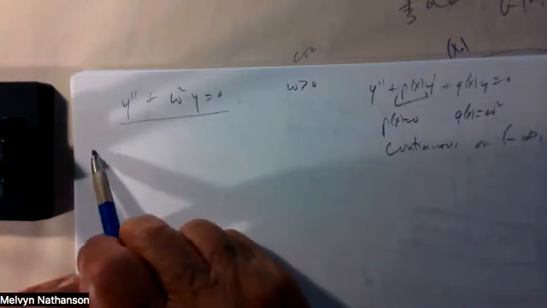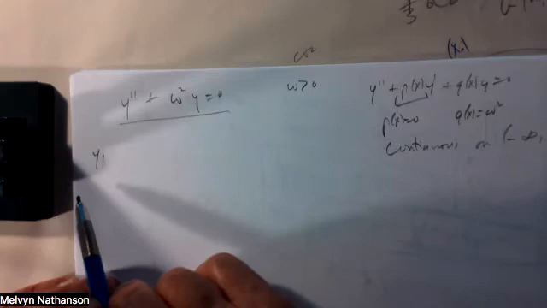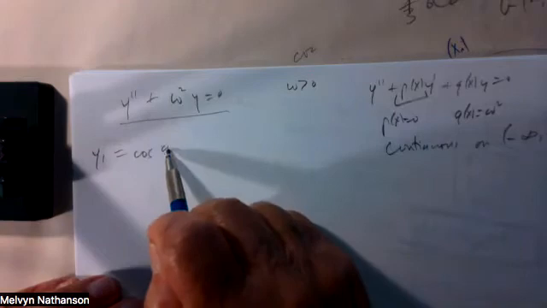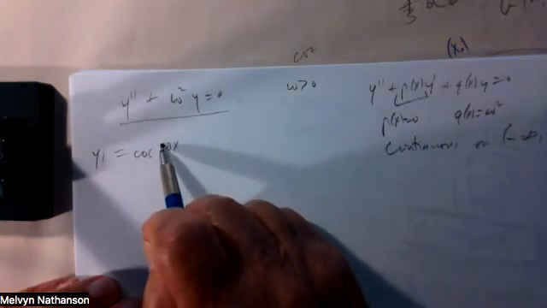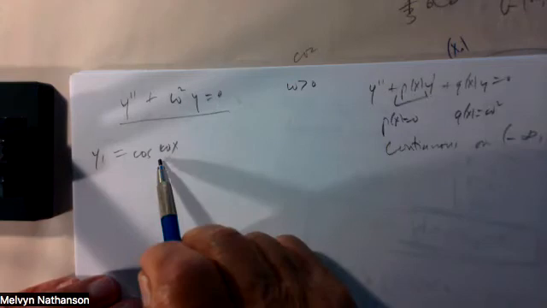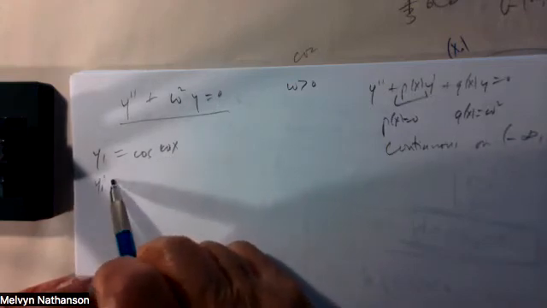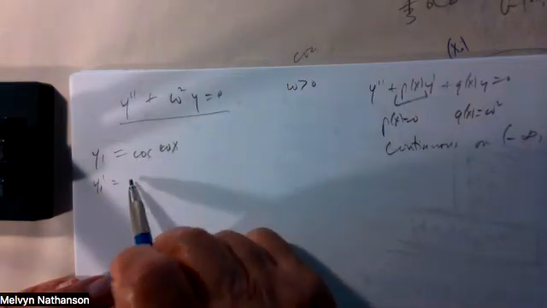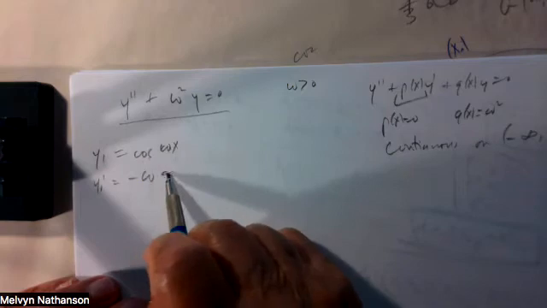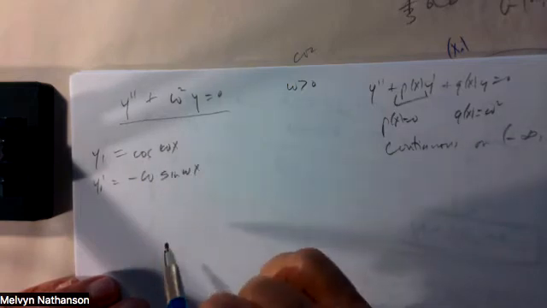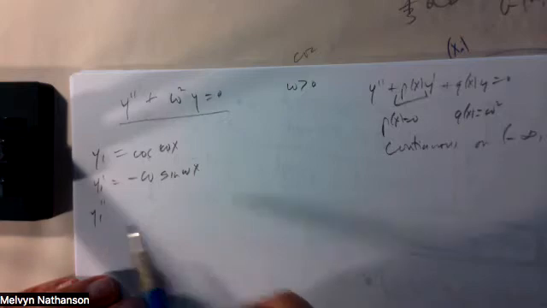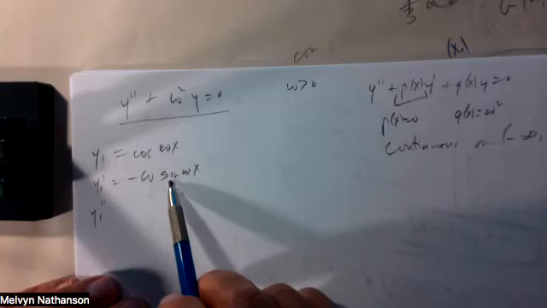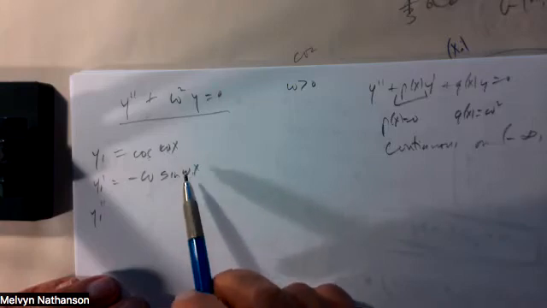What is one solution of this equation? You could take y1 to be cosine omega x, right? Cosine, what's the first derivative? First derivative of the cosine is minus the sine, omega x. So by the chain rule, we get minus omega sine omega x. We differentiate a second time, the derivative of the sine is the cosine. When you differentiate sine omega x, you get omega cosine omega x.